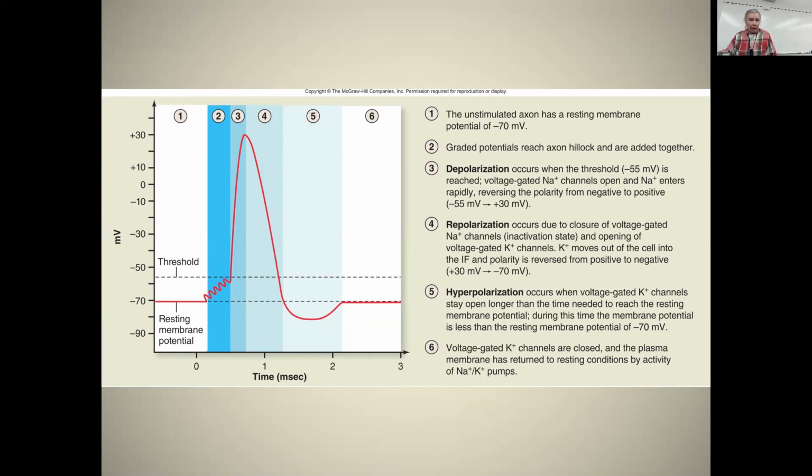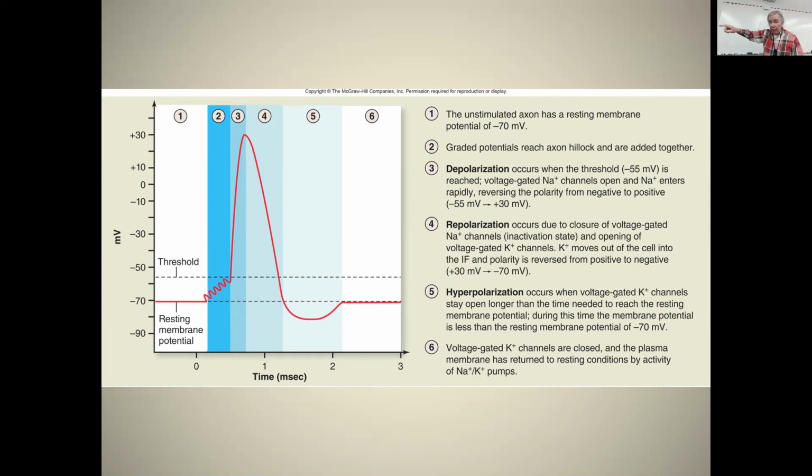At that point, potassium gates have been opened. They're delayed a little bit. First sodium gates open up, and then near the top part of the depolarization phase, potassium gates open up, and potassium starts to rush out of the cell. But it does so slowly, and it doesn't have too much effect until the sodium gates are inactivated at about +30, and now these potassium gates are wide open, and potassium just rushes out of the cell, bringing positive charge with it.